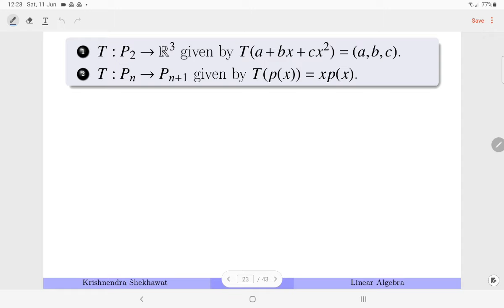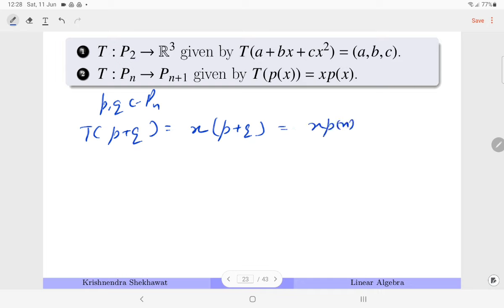If we see the second one, it is from Pn to Pn plus 1. T of p(x) is x times p(x). So again, if I take p and q belonging to Pn, then T of p plus q becomes x times p plus q, which is the same as x times p of x plus x times q of x, and which becomes T of p plus T of q.